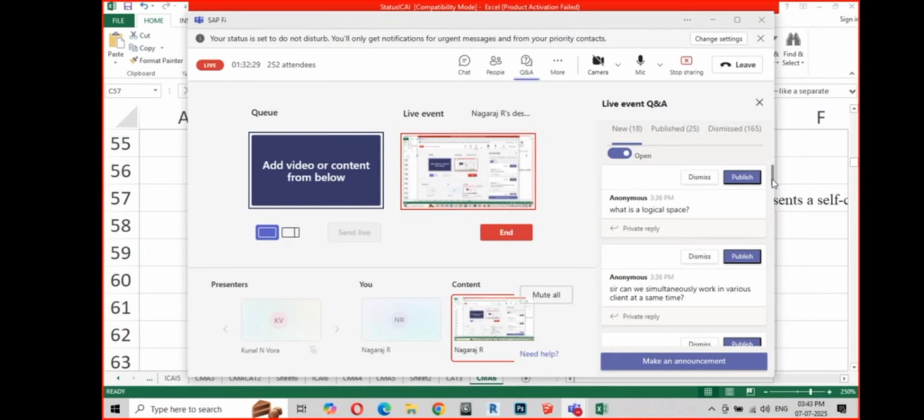A Limited will have its server, B Limited will have its server, C Limited will have its SAP server, D Limited will have its server. And the space that I'm using in their respective servers is the logical space. Why logical? I will tell you more about it when we get into the practical side of SAP. Clear?